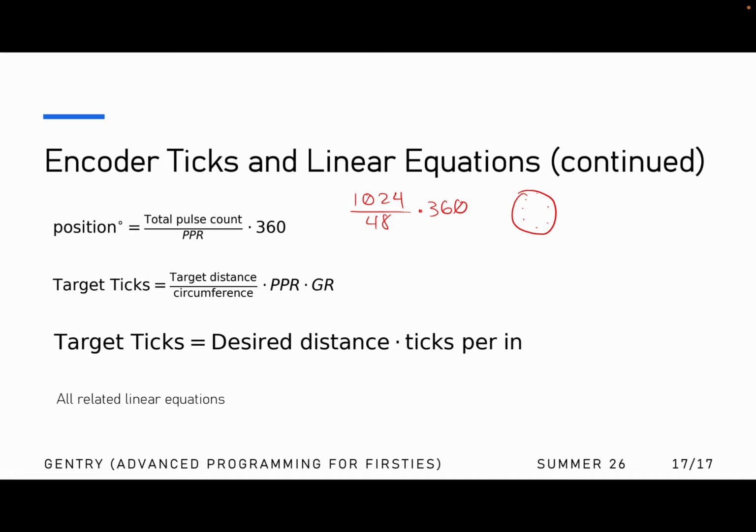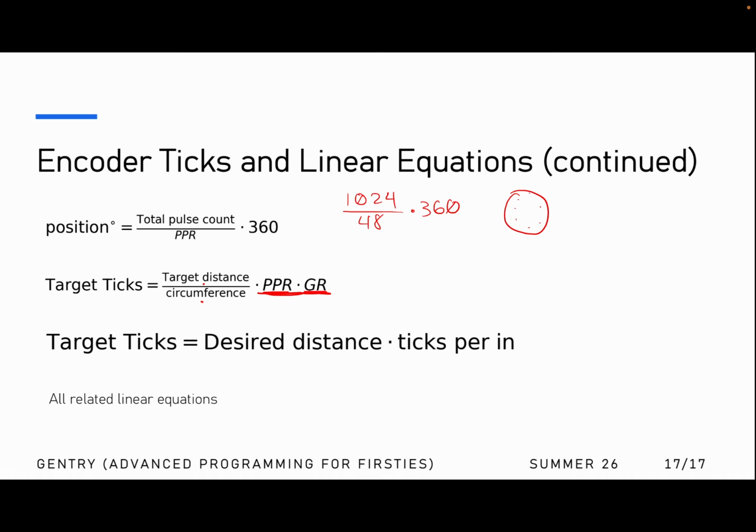Target ticks is just our gear ratio times our pulses per revolution times the target distance divided by the circumference, because we know that our circumference is how many times the wheel has to turn a full rotation. Then we multiply that by our pulses per revolution, and then multiply that by our gear ratio to find how many ticks, right, that our encoder has to pass.